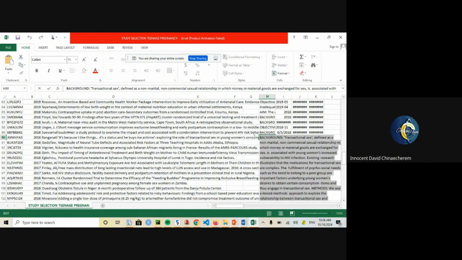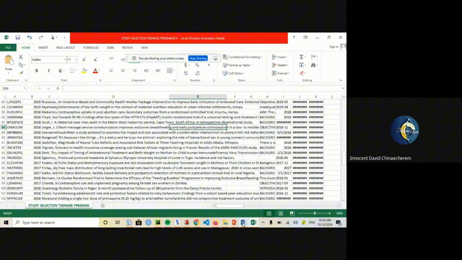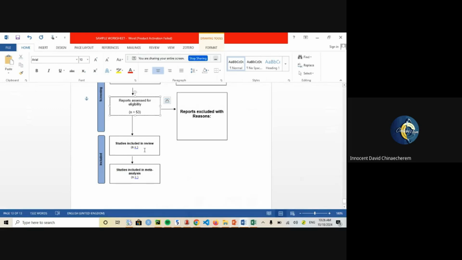This is the abstract being extracted, and that way, when you've gone through the full text of the papers, let's say for example, we've examined the full text of the papers, and in terms of country, some of them were not in Africa. Maybe let's say n equals 20, and maybe there's another reason for exclusion, maybe publication date.